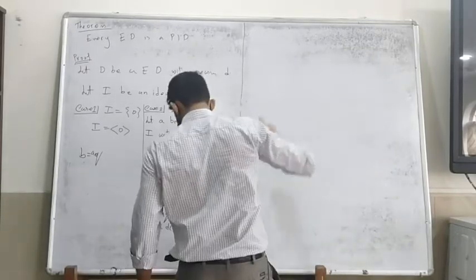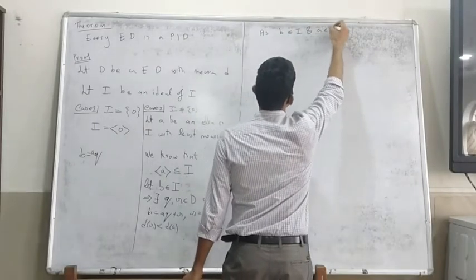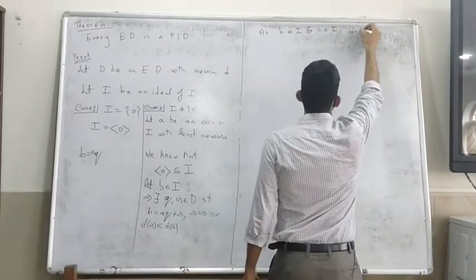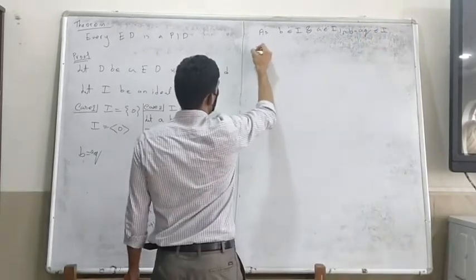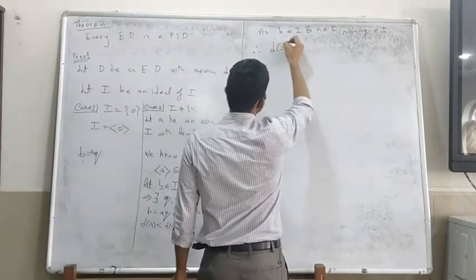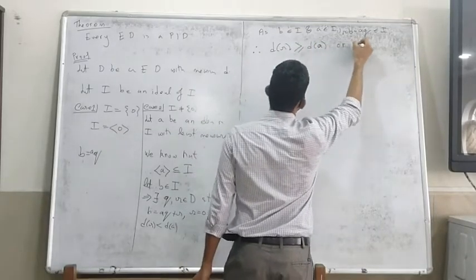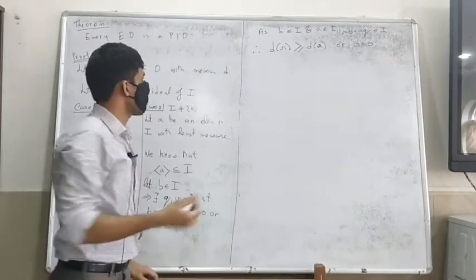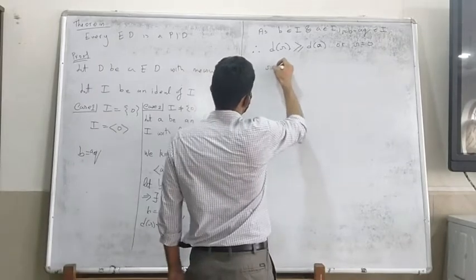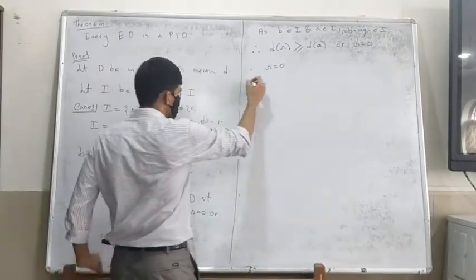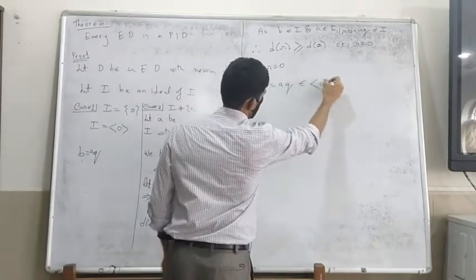So as B is in I and A is in I, R equals B minus AQ is in I, and therefore D of R should be greater than or equal to D of A, or R should be 0. Since we know that D of R is strictly less than D of A, R should be 0, and therefore B should be A times Q, which is in the ideal generated by A.